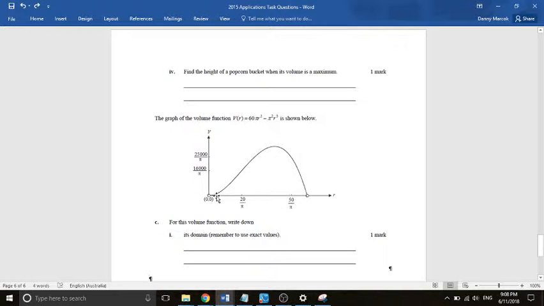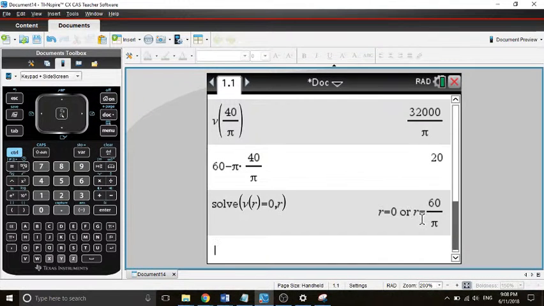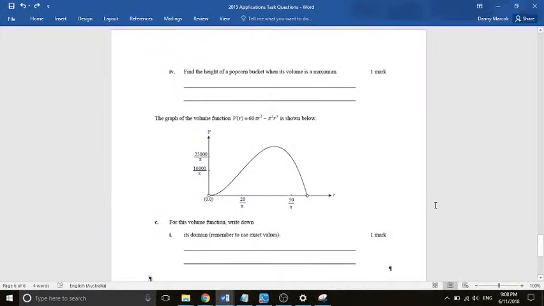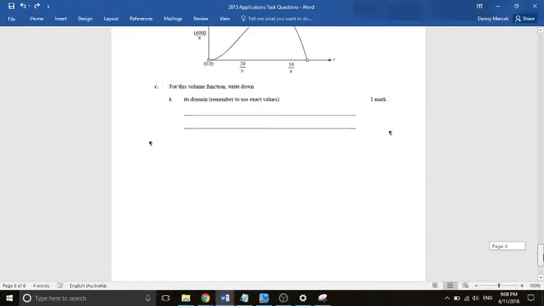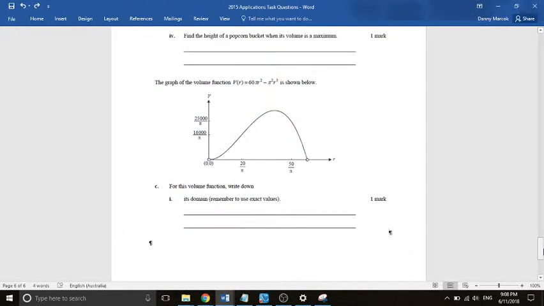So our domain is between 0 and 60 over pi, but it doesn't include 60 over pi. So we're saying 0, 60 over pi in rounded brackets, because if we have 60 over pi, we have a volume of 0, which is not what we want. Do I want range as well? Nope, that's it. So that's the way we go about answering those questions.